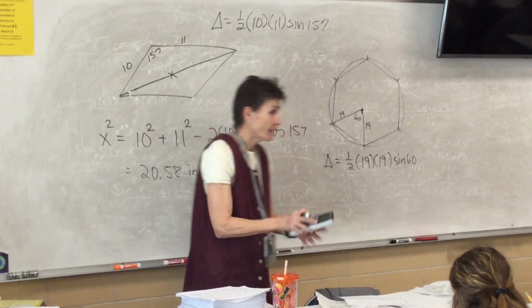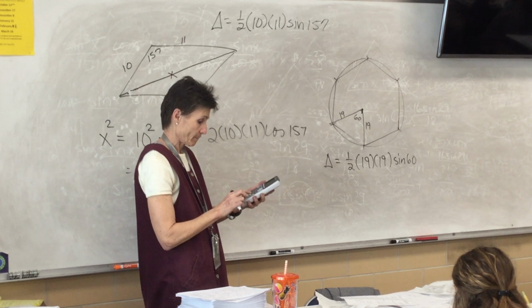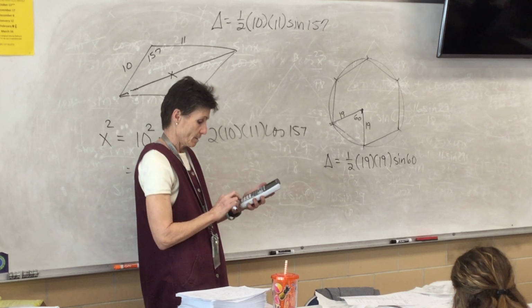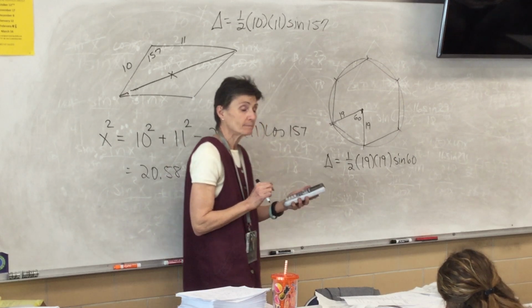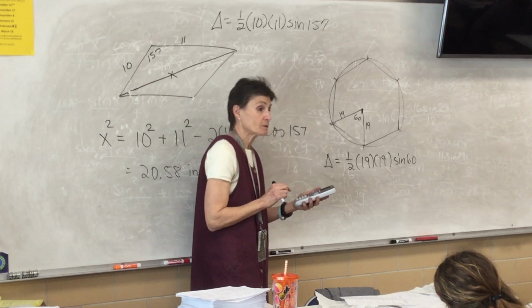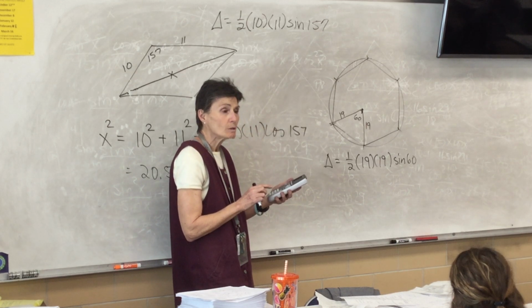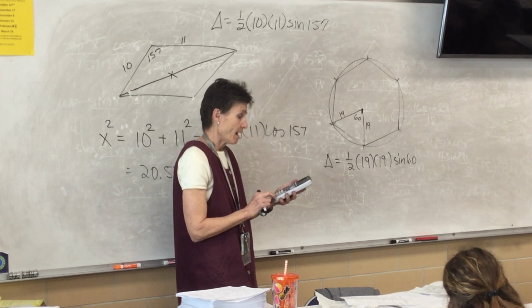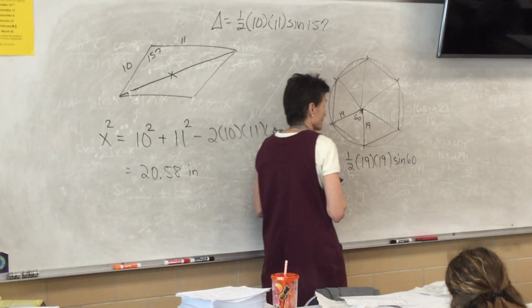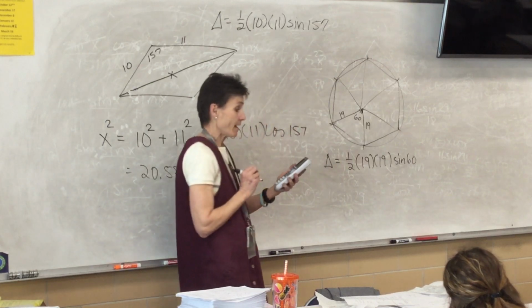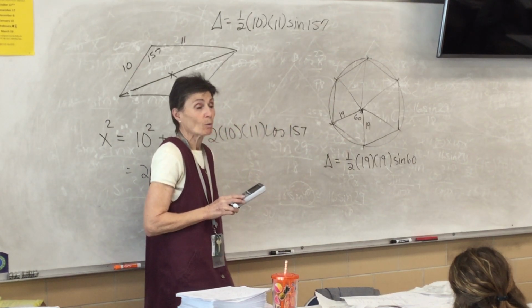And then once I get that area, I need to multiply this one by, not by 2, by 6. I got 6 triangles in this problem, don't I? So I got 937.91 square feet.